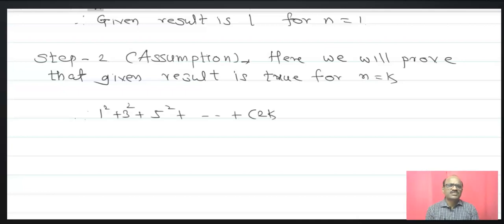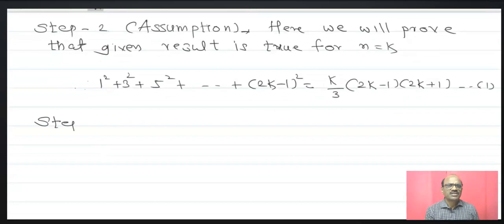Now the assumptions. Here we will prove that the given result is true for n is equals to k. That is 1 square plus 3 square plus 5 square plus ... plus (2k minus 1) in bracket square is equals to k upon 3 (2k minus 1) into (2k plus 1). Here we only replace n by k.